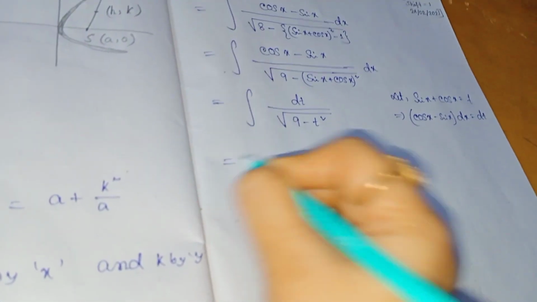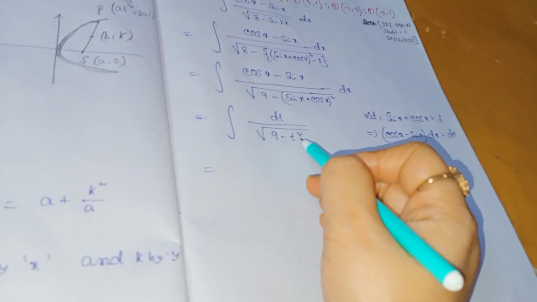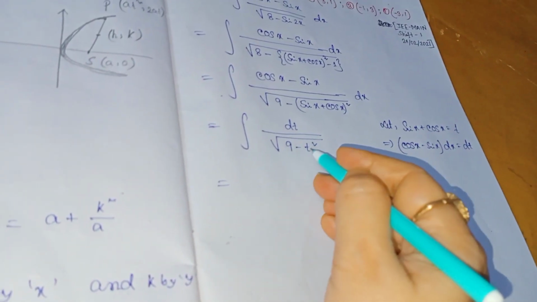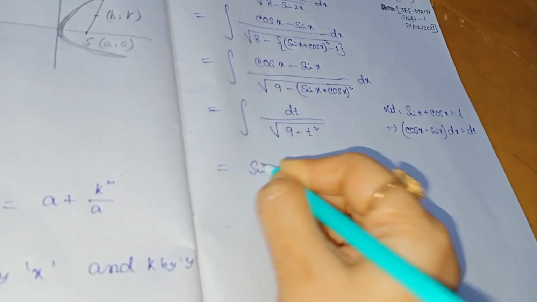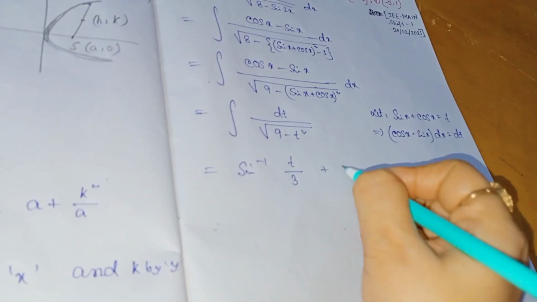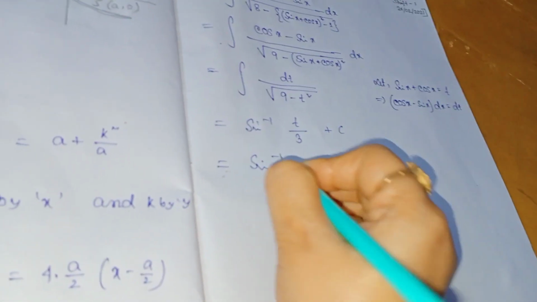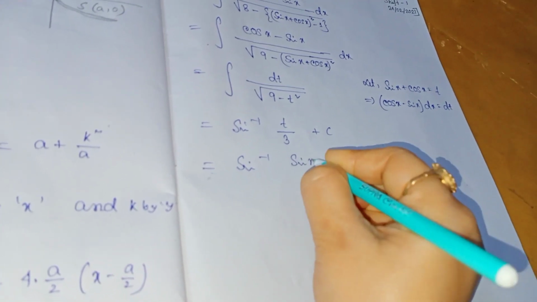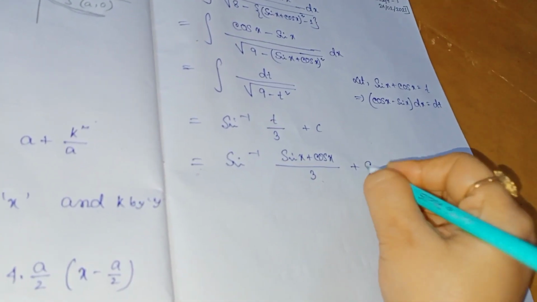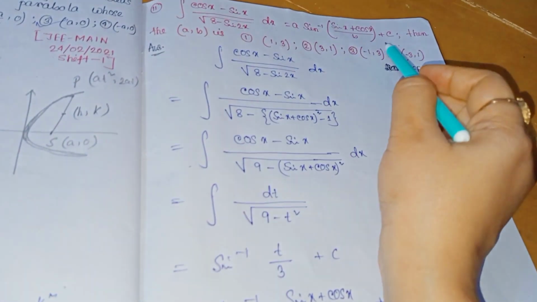We know the integral of dx divided by root over a squared minus x squared is sin inverse of x by a. So that is sin inverse t by 3 plus c, and t is equal to sin x plus cos x, so sin inverse of sin x plus cos x divided by 3 plus c. So this value is equal to this one.